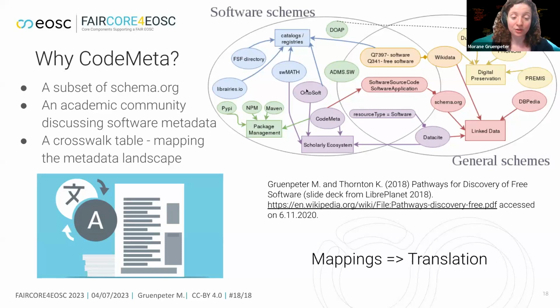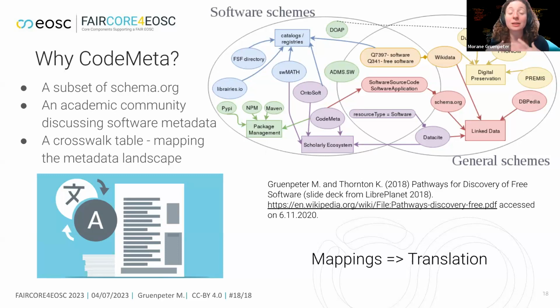In this part of the slide, we have the scholarly ecosystem, a few vocabularies that are specific to it. And there are some vocabularies from catalogs and registries and some from package managers. To organize this very diverse landscape, we found this metadata crosswalk table, providing a translation between properties.